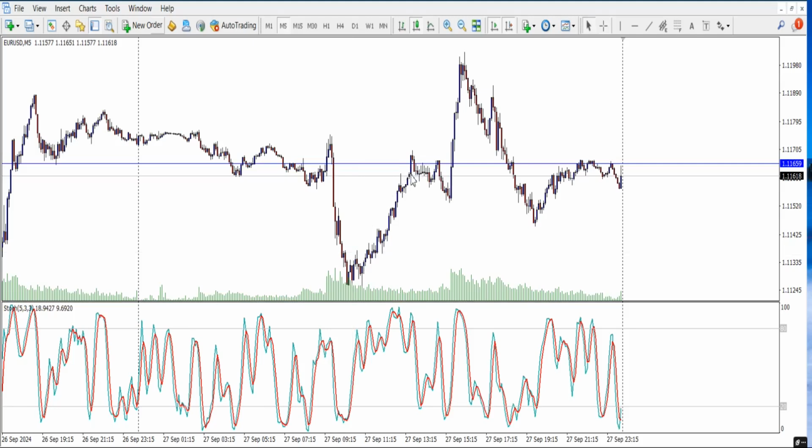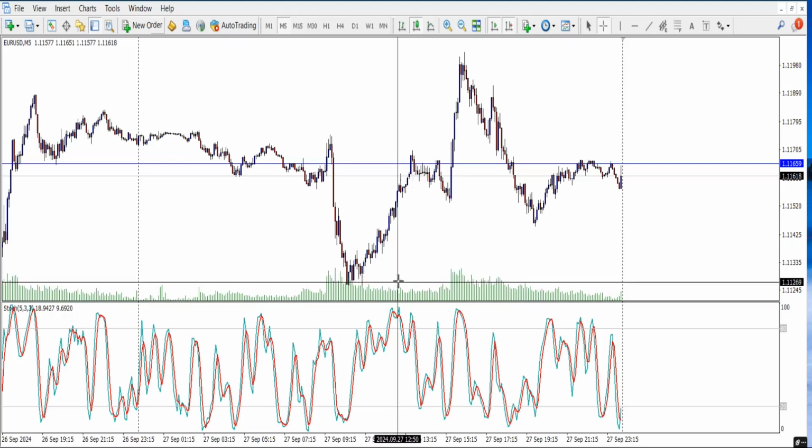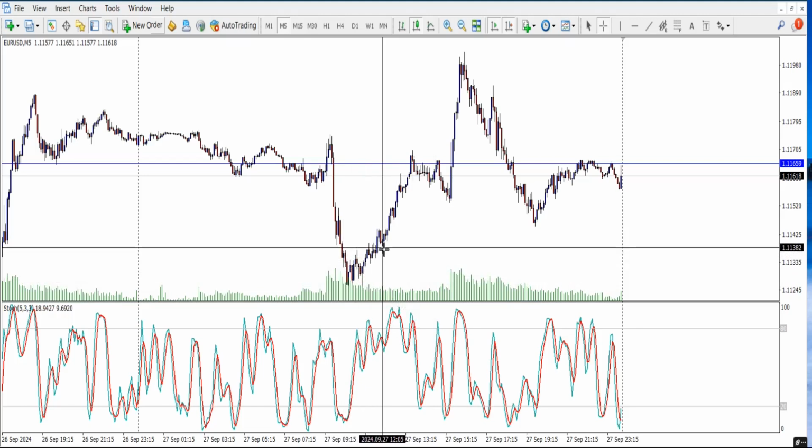About 25 pips. However, our stop loss could have been set below this swing low, but you can also decide to use other indicators to confirm your stop loss level.